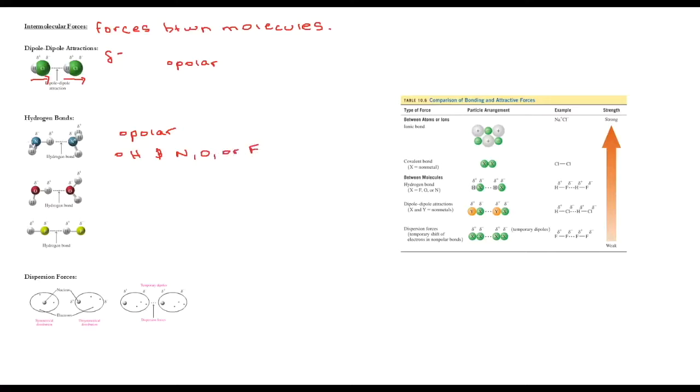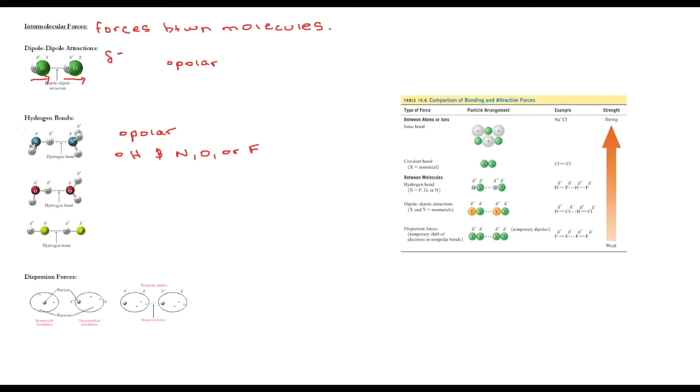Okay? So if you look at this example here, you've got nitrogen here, hydrogen here. Hydrogen is partially positive because nitrogen is hogging the electrons for itself. The attraction between another nitrogen from a different molecule and this hydrogen, that is a hydrogen bond.